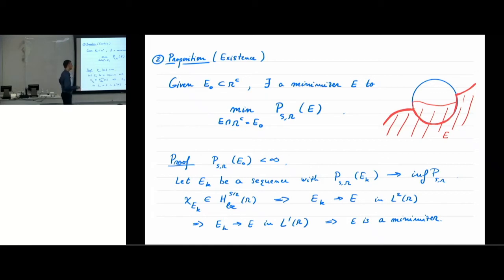And that is finite. So I have a comparator with perimeter less than infinity.